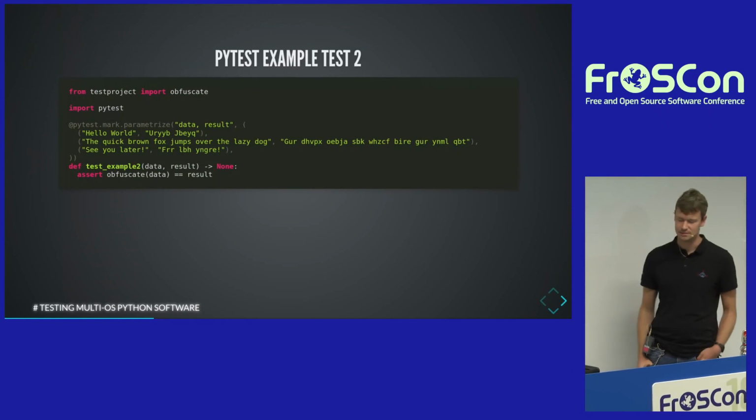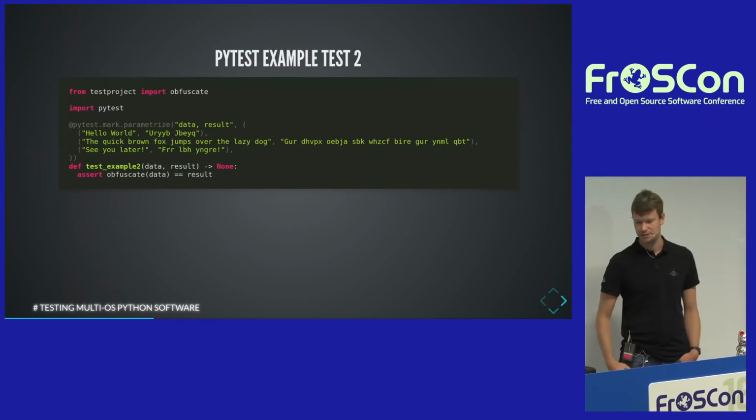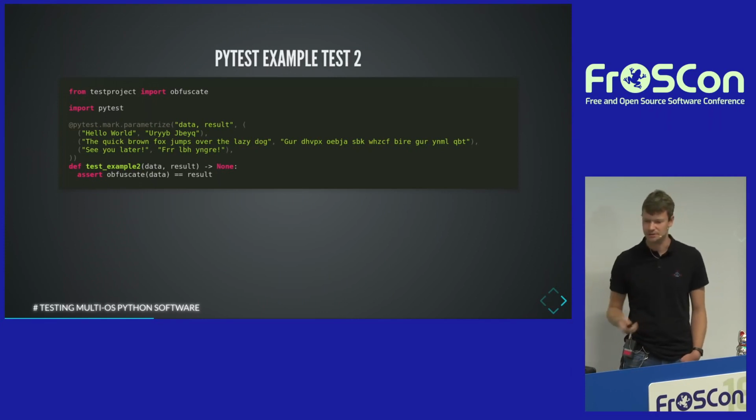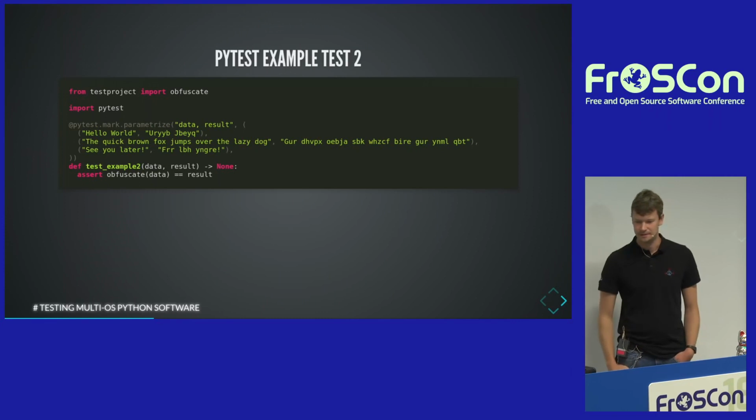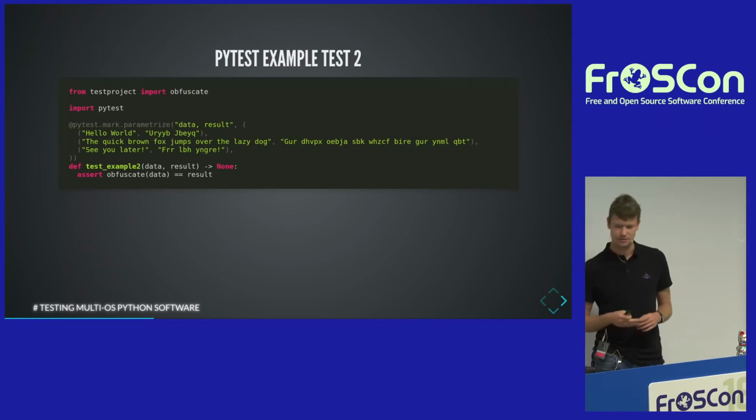Second example. Here we make use of the parameterize decorator. Here you can see this add pytest mark parameterize thing. This is a mechanism which introduces any of the pairs to the input parameters.